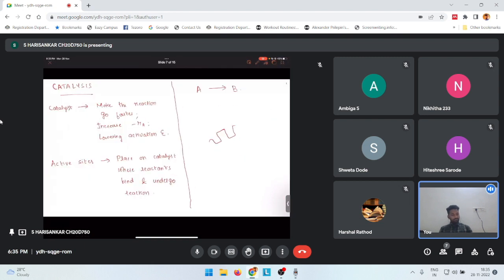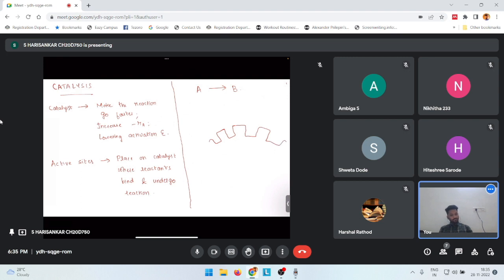So we have something like this, and this is your reaction medium. This is basically filled with your reactant molecule A.